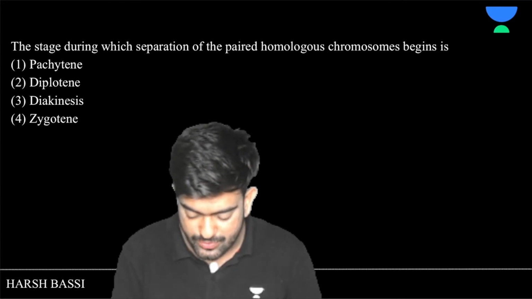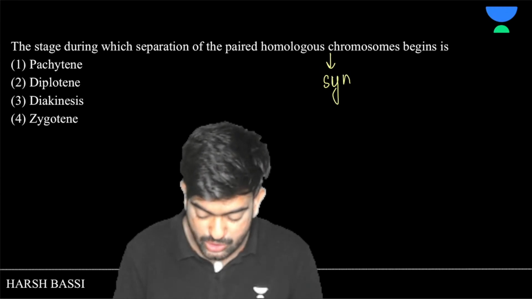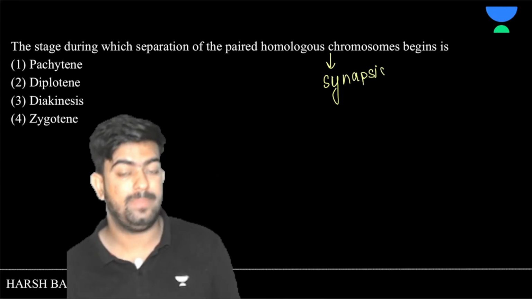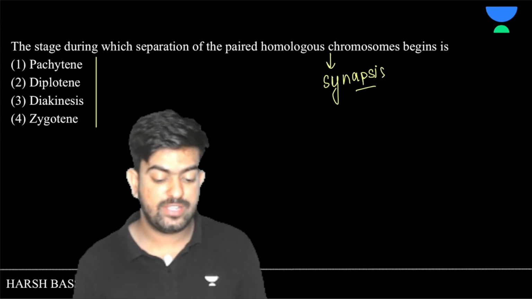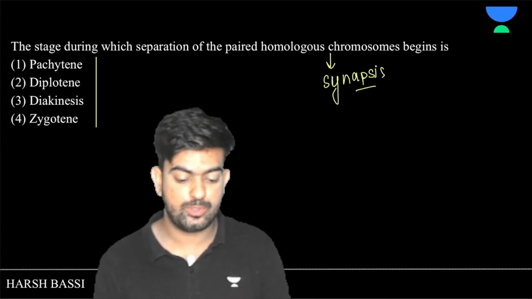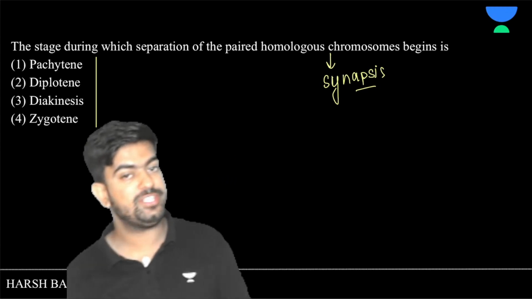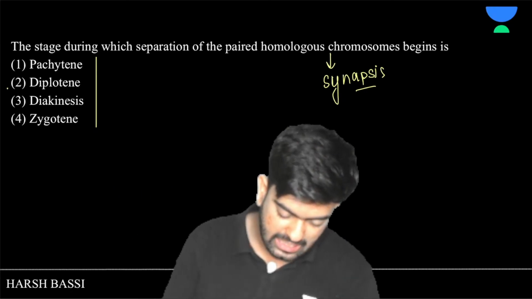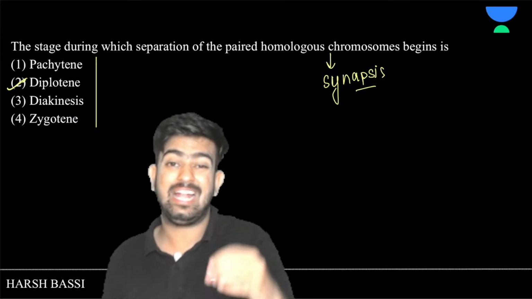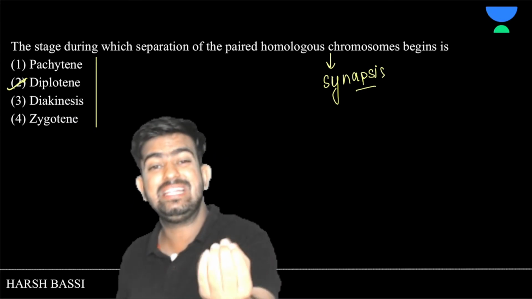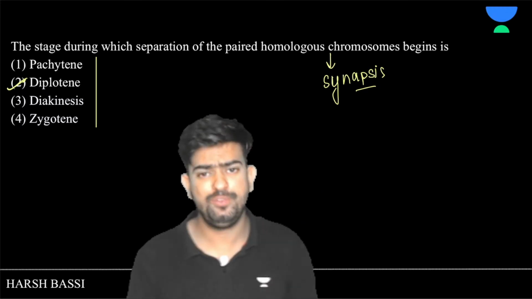Here they are talking about the dissolution of the synaptonemal complex. We just discussed this question and the answer was diplotene. Dissolution of the synaptonemal complex takes place in diplotene, so the homologous pairs get separated in the diplotene stage. Clear to everyone?